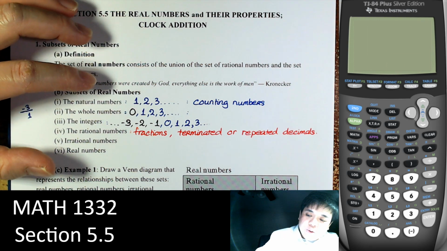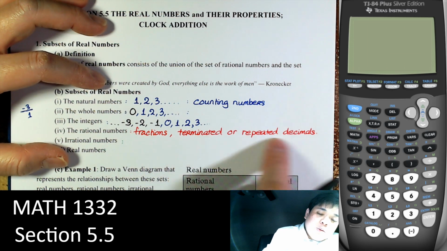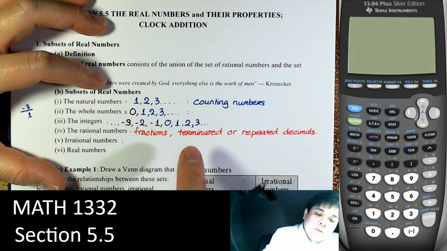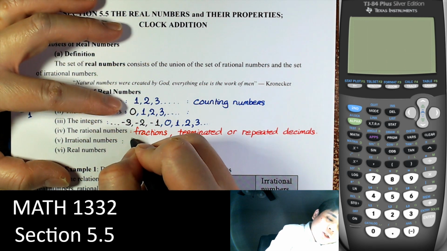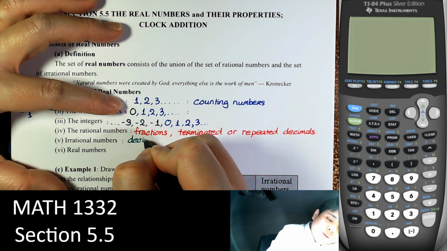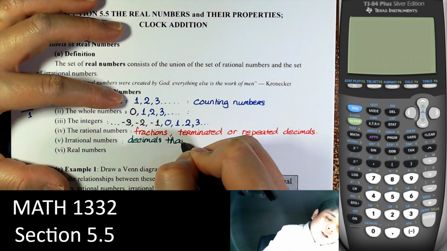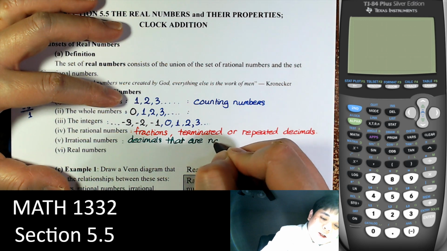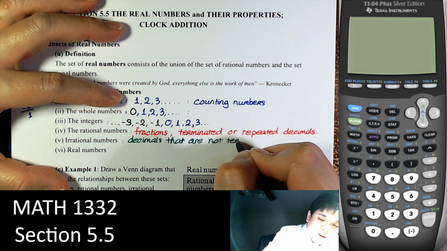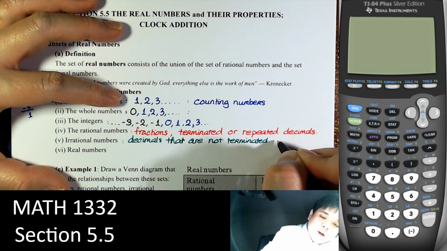Right. Irrational numbers. An irrational number is something that is not a terminated nor repeated decimal. So we say decimals that are not terminated or repeat.